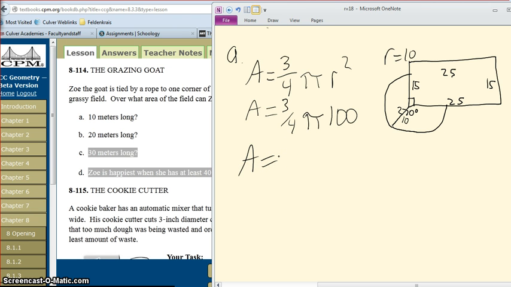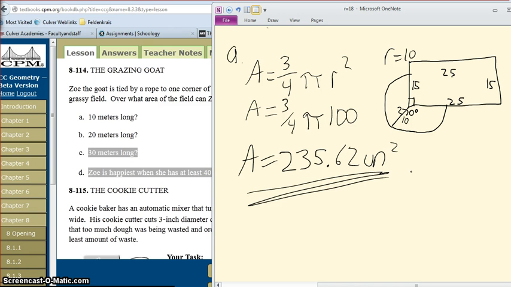After you type that in, it's going to be 235.62 units squared. That's what we got for one. That is correct, so get that down.